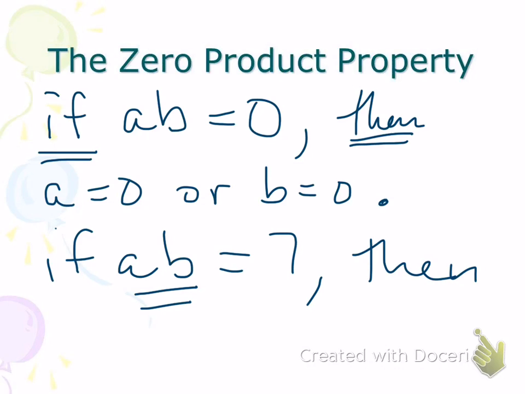But if A times B equals 0, something magical happens. We know that A or B has to be 0. So when we're solving by factoring multiplied pieces, we're solving by factoring, we need it to be equal to 0.